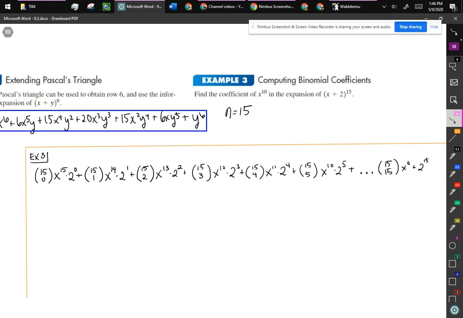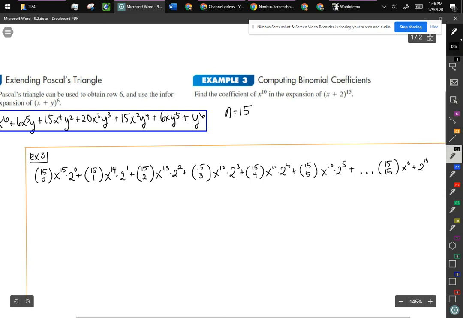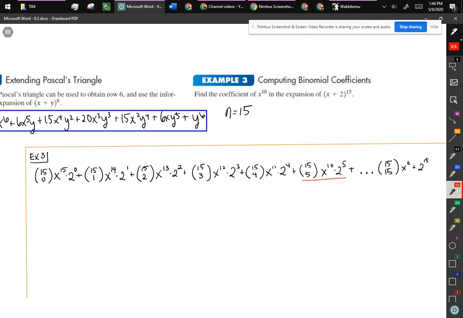All right, you've unpaused the video, hopefully, and copied this down, or maybe you paused it ahead of time. Anyway, let's see. So we now know that this term right over here is the one that we're looking for. It has the exponent 10 for the first term. Now, one thing to keep in mind is that this would be the sixth term.